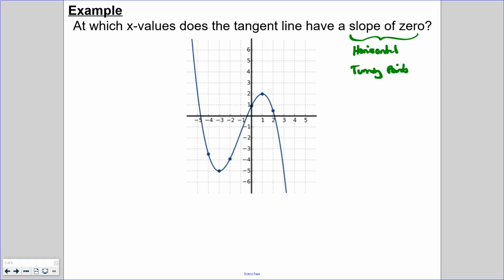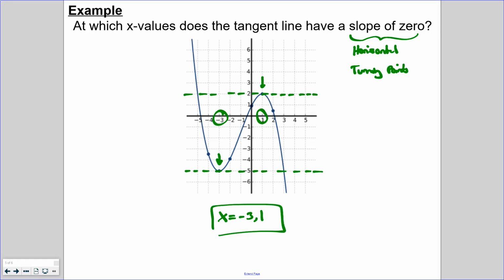If we look at this graph, it appears as though we're going to have a turning point here at x equals negative 3, and a turning point here at x equals 1. And it doesn't look like there are any other places on this graph where we could have a horizontal tangent line. So again, we can quickly sketch those in here just to make sure. And it does appear as though the slope will be 0 at those two x values. So the answer would be negative 3 and 1.